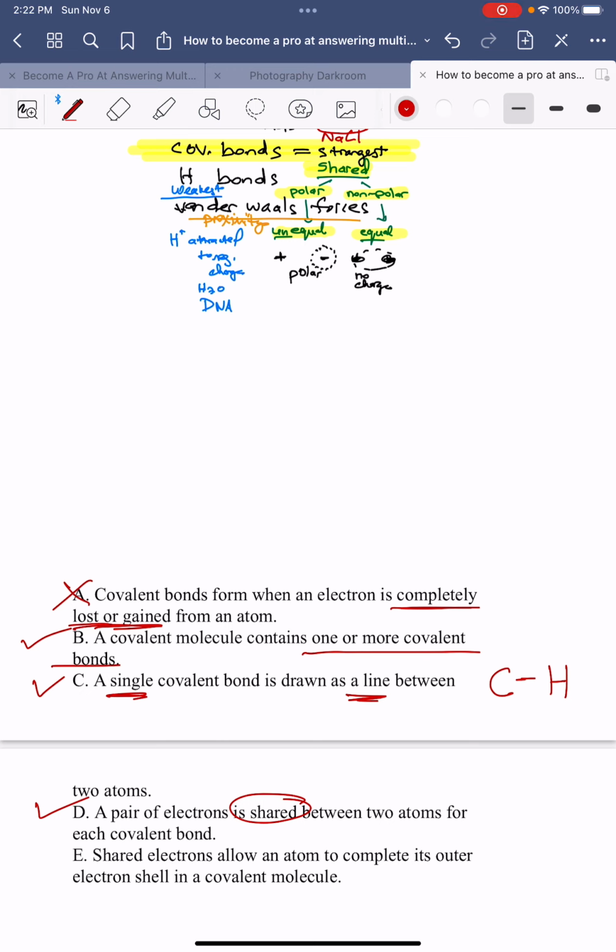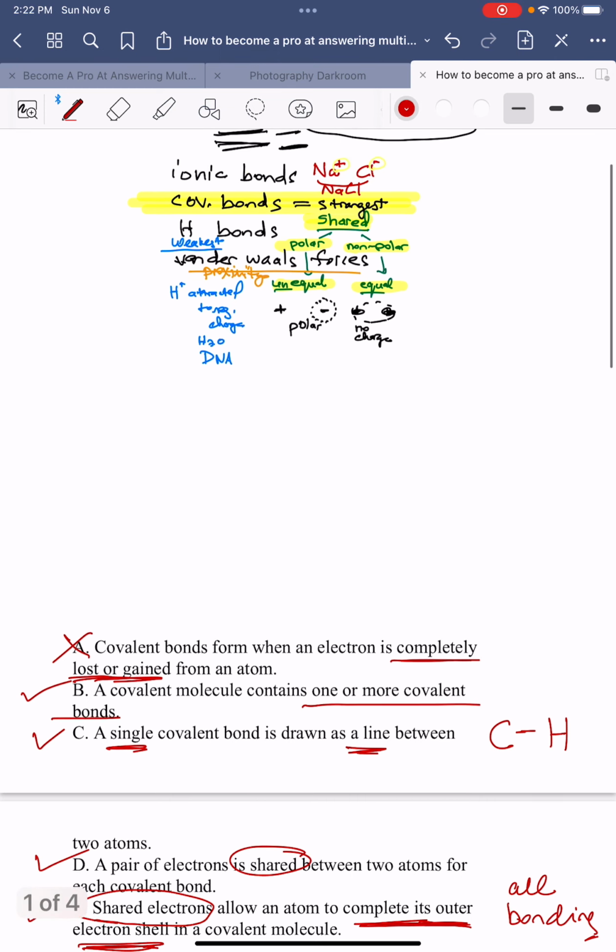And then E, shared electrons allow an atom to complete its outer electron shell in that covalent molecule. Oh, we didn't talk about the outer electrons, but that typically is what all bonding is striving towards, right? To complete that outer electron shell. Here they do again refer to shared electrons, so that is spot on. So let's go back here.